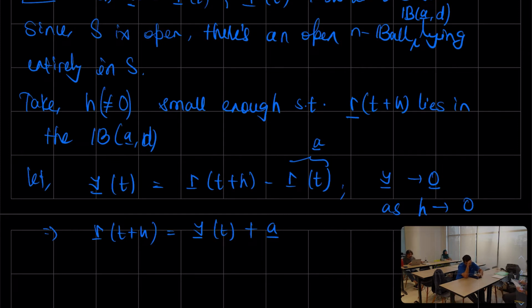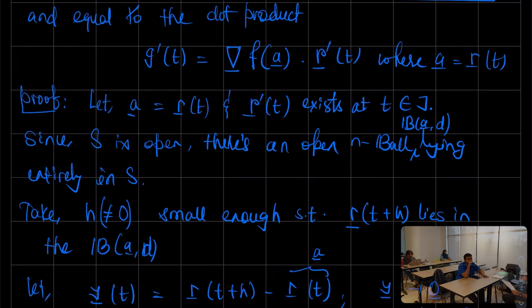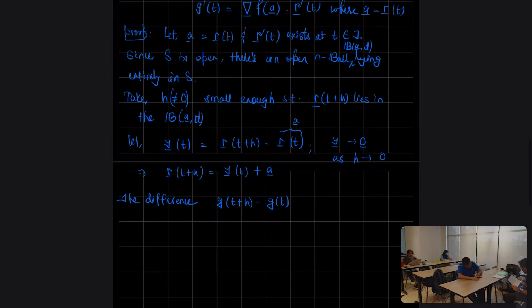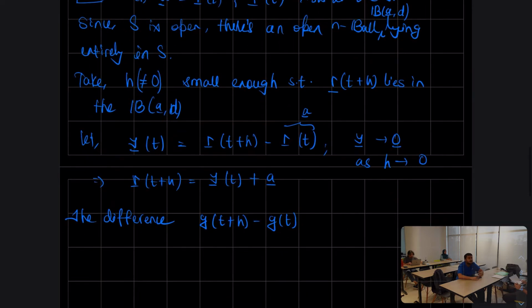Okay, so we have it. Then what we want to compute is, before doing the derivative, we have to find the difference. So the difference, g of t plus h minus g of t. Our goal is to find this, and to find this, we have to first find the difference.